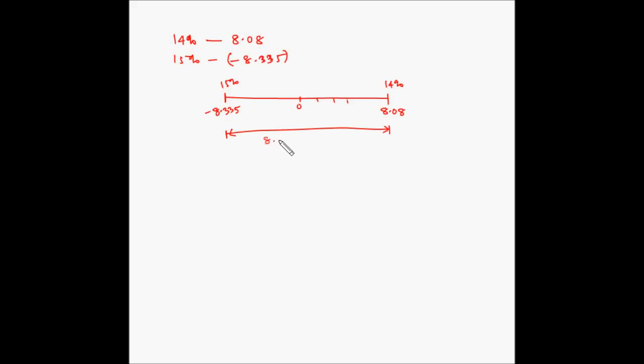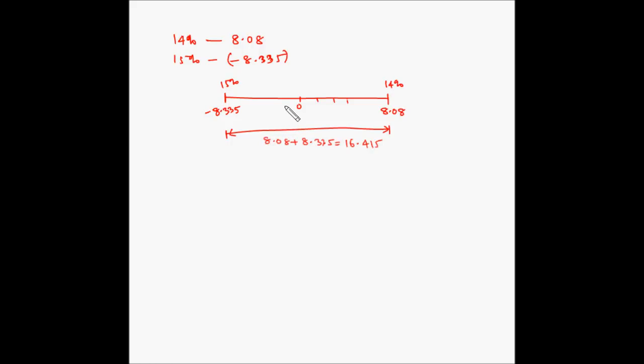So 8.08 plus 8.335, and this comes out to be 16.415. So 16.415 is the total distance to be traveled from 14% to 15%, or from 8.08 to -8.335.